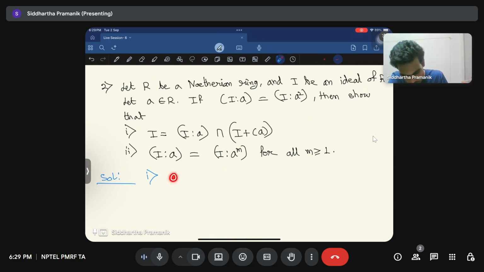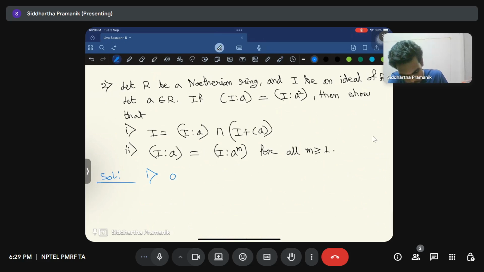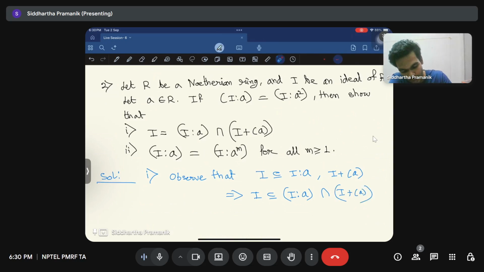Observe that I is a subset of I colon a and a subset of the ideal generated by a plus I. So this will imply I is a subset of their intersection, I colon a intersection I plus ideal generated by a. So one inclusion is trivial.